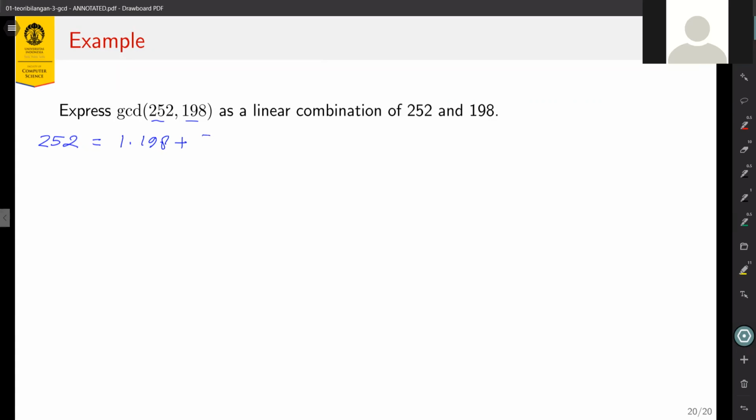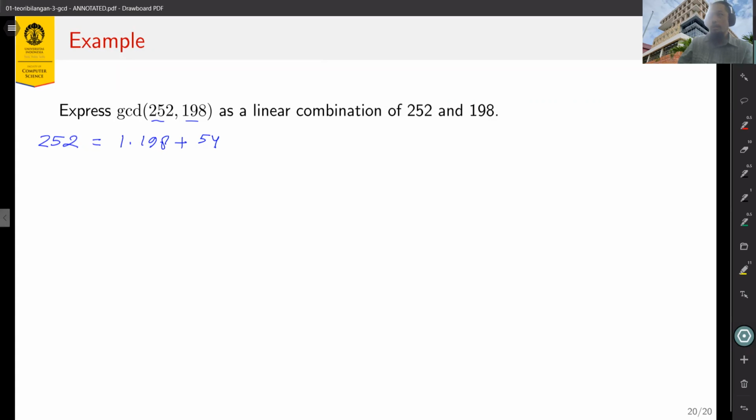Next, we take 198 and 54. 198 is how many times 54? 3 times 54 plus 36.